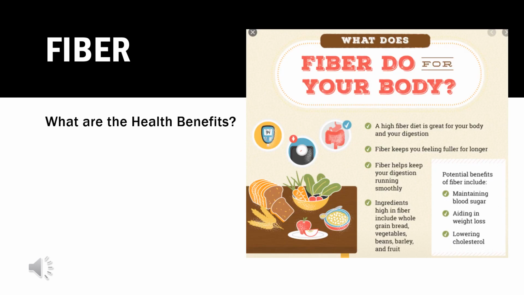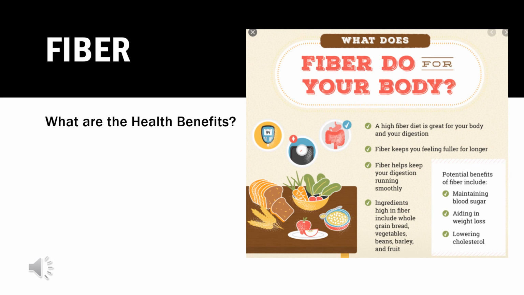So the health benefits of fiber is it can help you digest your food and keeps you from being constipated. It helps with weight loss because if you eat something that is high in fiber, some of your diet foods you'll notice are high in fiber, that's because it processes slower going through your body, so you stay more full.